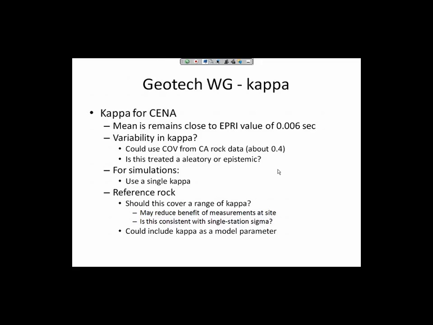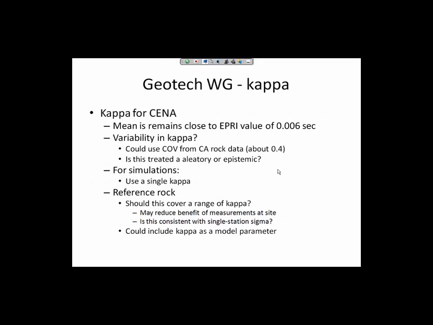And when we're going to single station sigmas, that should have been taking out our Kappa at our station, right? So if we throw this variability back into the ground motion model, we'll be losing a lot of what we're trying to do, which is get our single station values.